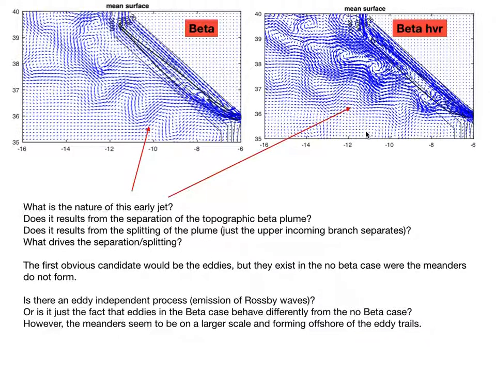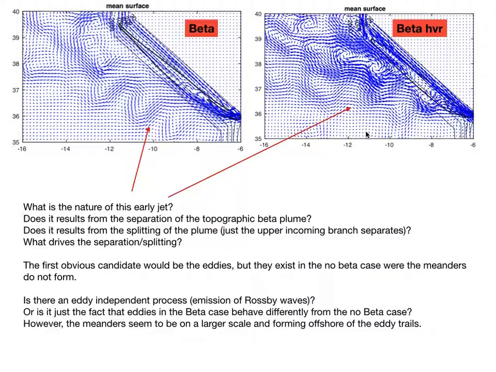Is it an early splitting of the topographic beta plume that we have seen in the vertical sections? So is it connected with the topographic beta processes? Or is it a completely different process, generated right at the beginning by any other interaction, like the emission of Rossby waves associated with the entrainment zone, associated with inflow?